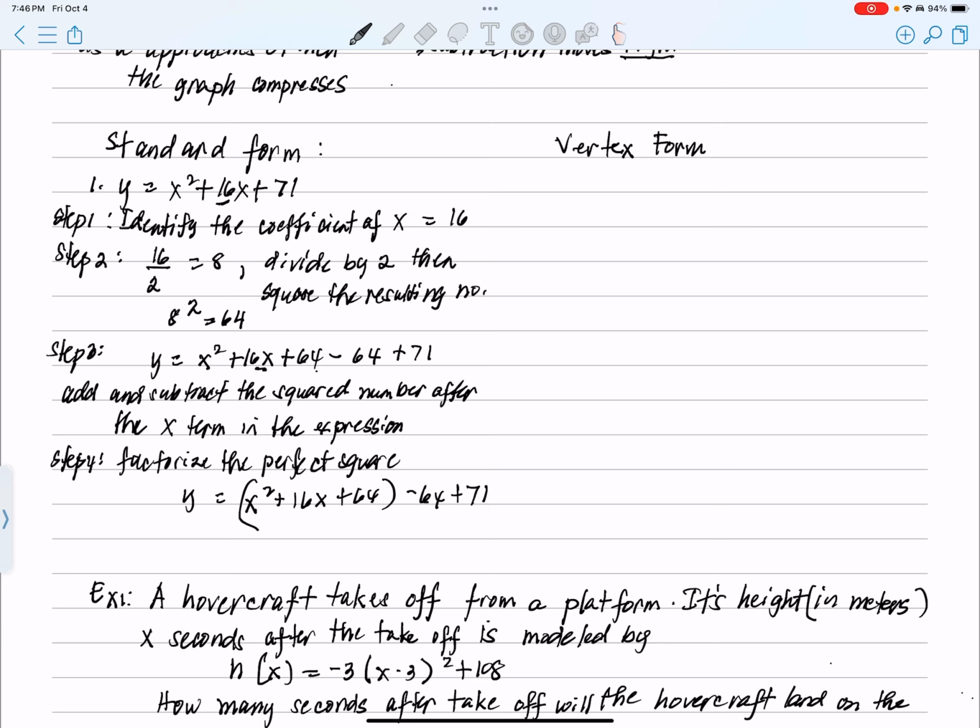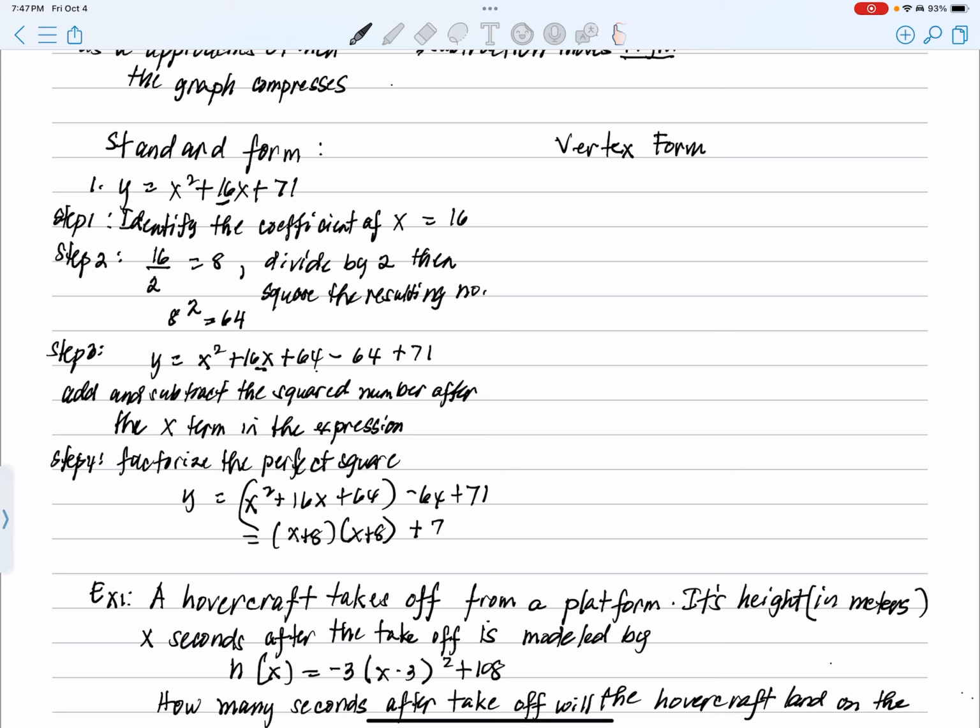So when I factor x squared plus 16x plus 64, that would be x plus 8 and x plus 8. So when you do FOIL, you multiply it back, you come up with x squared plus 16x plus 64. Then minus 64 plus 71, we have plus 7.